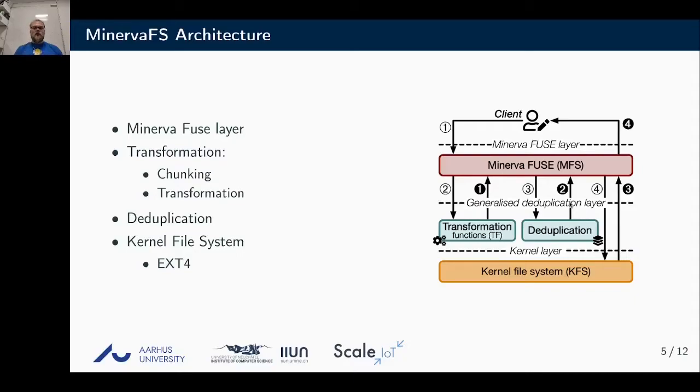And then the data is passed down, both the deviations and the structures needed to map a file to basis and deviation pairs, and will be stored in a kernel file system. We have not handled this internally in MinervaFS. We have outsourced this to a kernel file system. In our case, it's ext4, but it could be any POSIX compliant file system, such as, for instance, XFS or Btrfs.